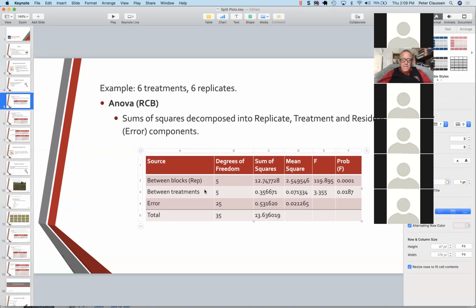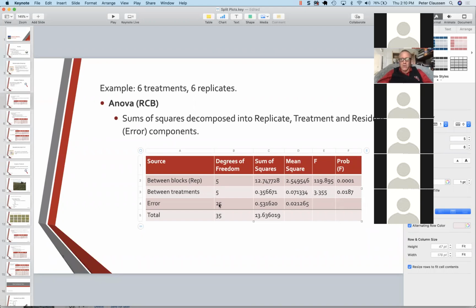So the standard randomized complete block design ANOVA table, what we want to look at here is that our treatments, we have 5 degrees of freedom. I've got 2 new people joining, letting them come in. We have 6 treatments and 6 replicates. That means our block degrees of freedom is 6 minus 1, and our treatment degrees of freedom is 6 minus 1.